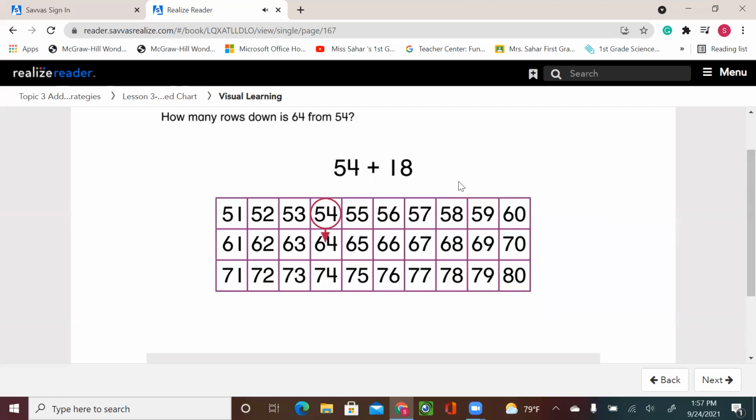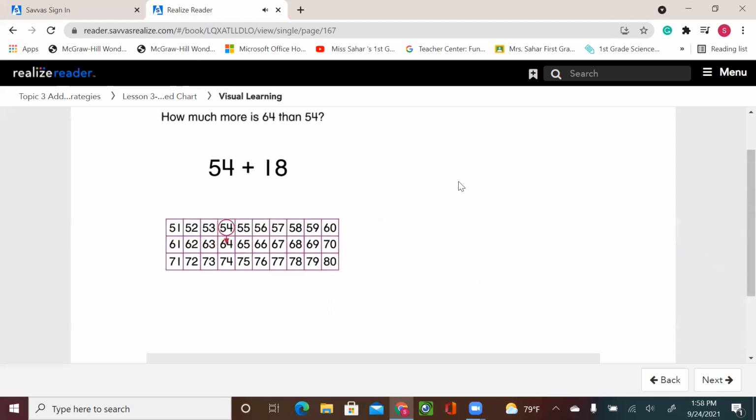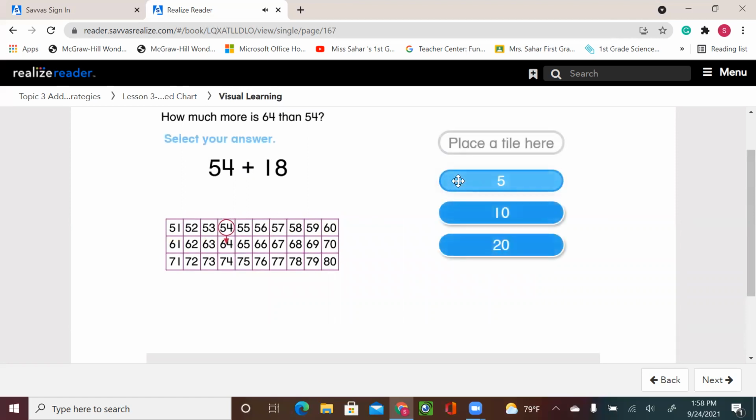How many rows down is 64 from 54? 64 is one row down from 54. How many tens is that? It is 10. How much more is 64 than 54? Select your answer.